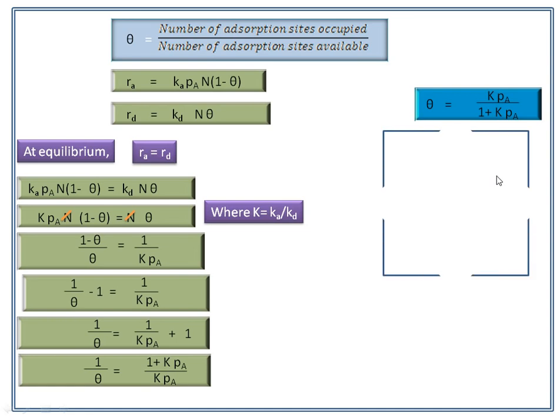Now we plot a graph between theta versus pressure. The magnitude of adsorption at a given temperature should first increase in proportion to the increase of pressure and later on should tend to attain a certain limiting value.